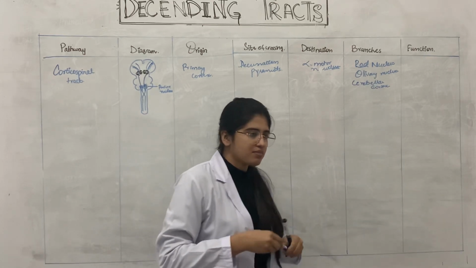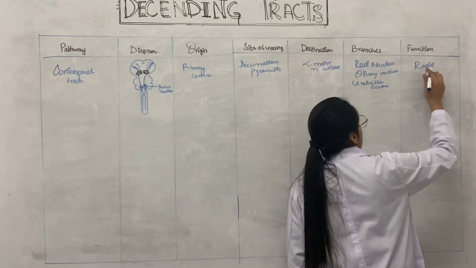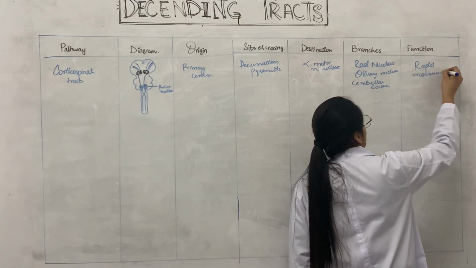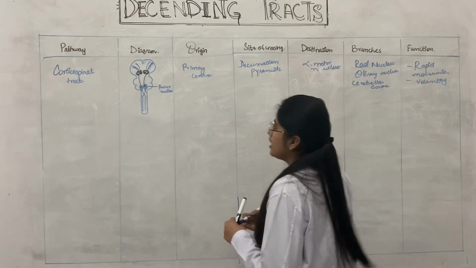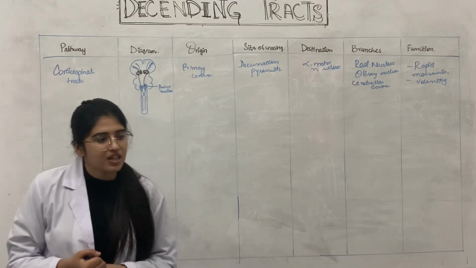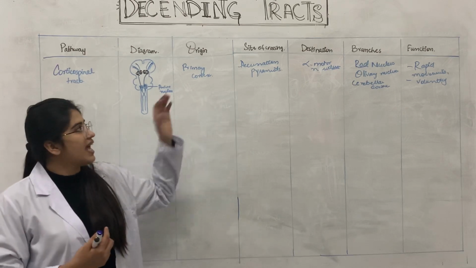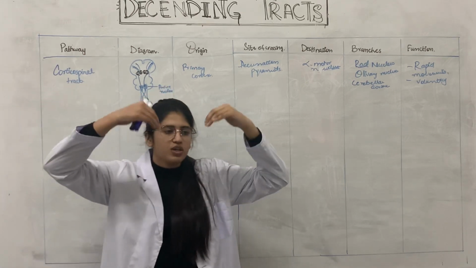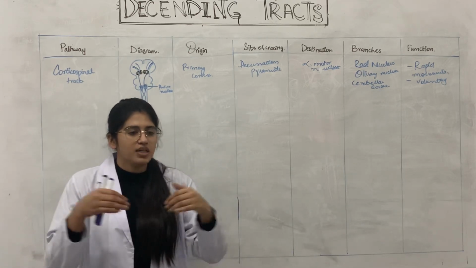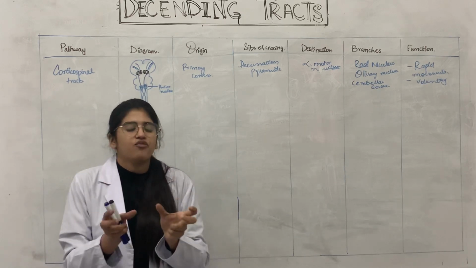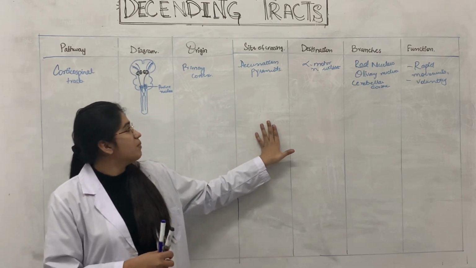It will innervate, or provide, the rapid functioning. It will be giving the rapid movements or the voluntary movements. Okay, so the corticospinal tract is the most effective and the most rapid pathway, we can say. The origin is the primary cortex, and when it comes down through the internal capsule and goes down to the level of the medullary pyramids, it will be dispersed, and when they form the pyramids, they will decussate, or cross over there.